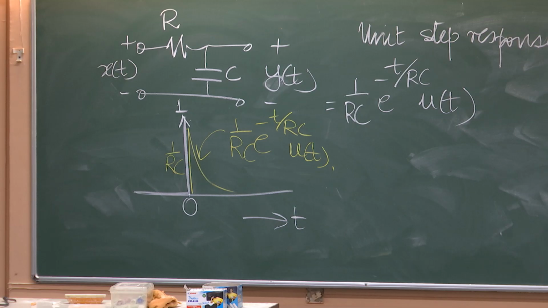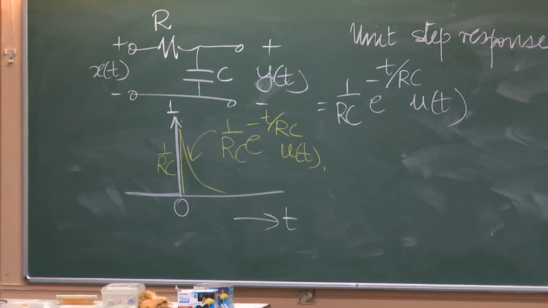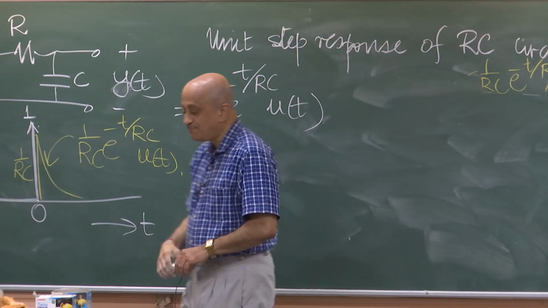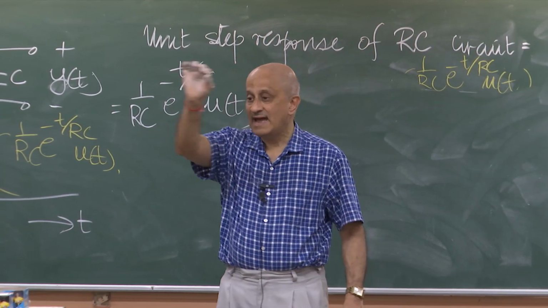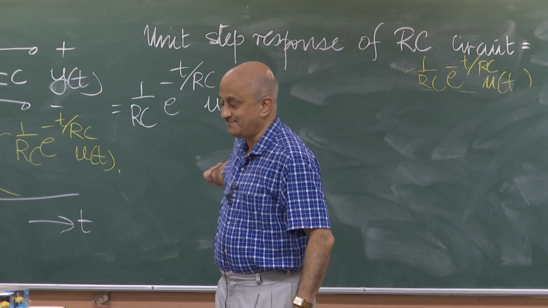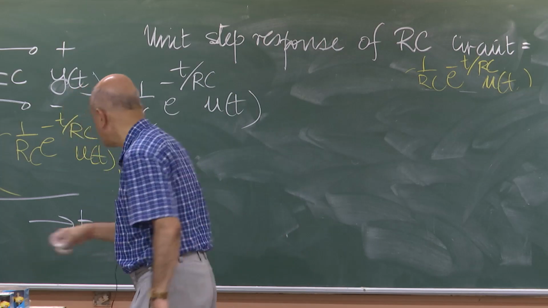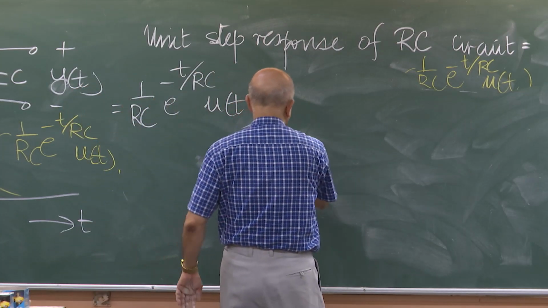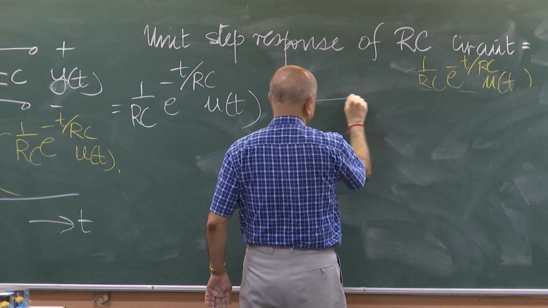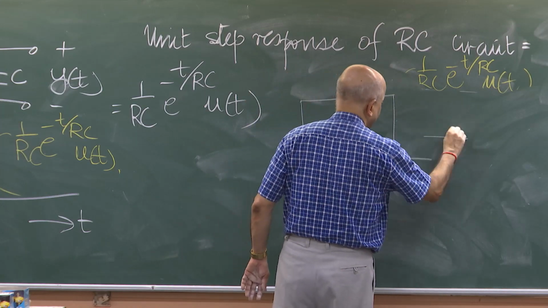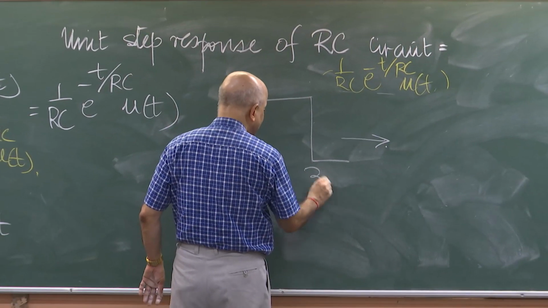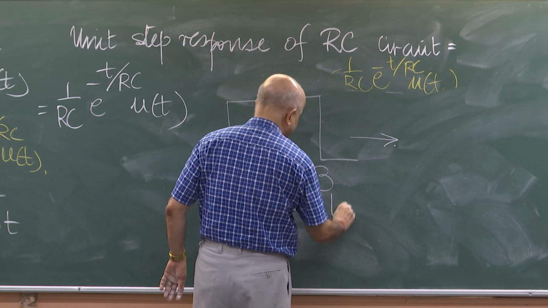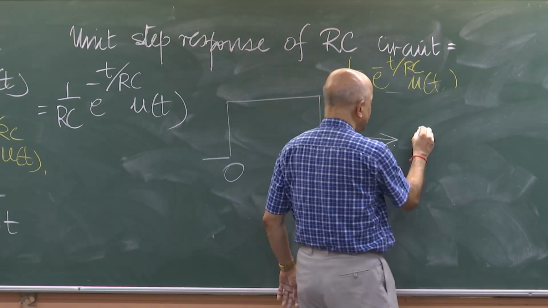What is the physical significance of a pulse? It is that you have kept the voltage on for some time and then you have switched the voltage off again. Suppose you applied a long pulse starting from 0 and lasting until time t equal to 3 to the circuit.